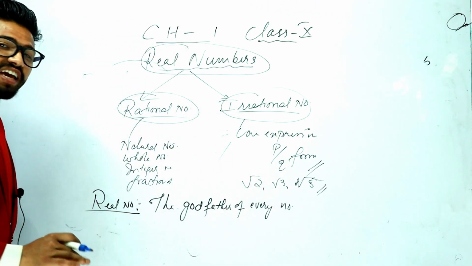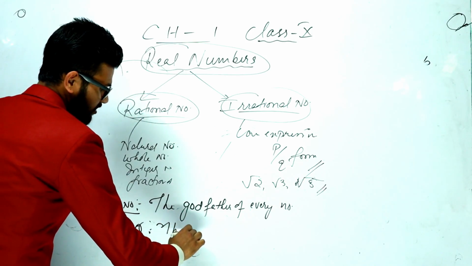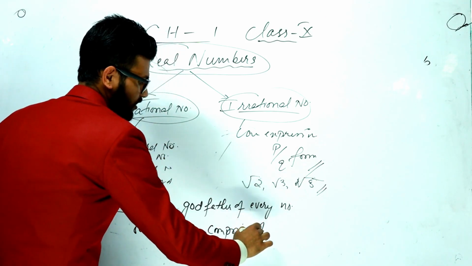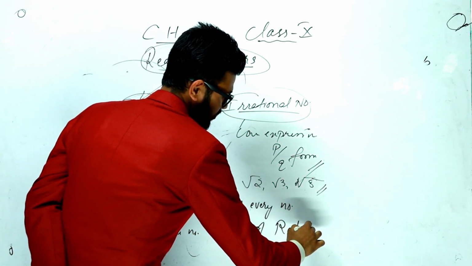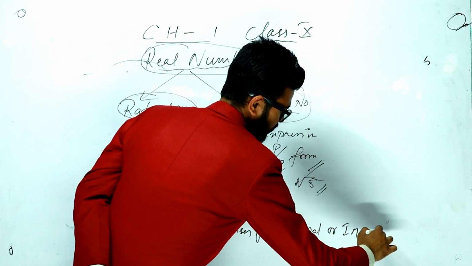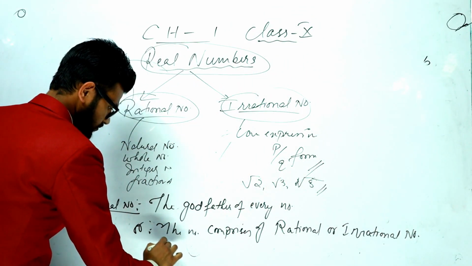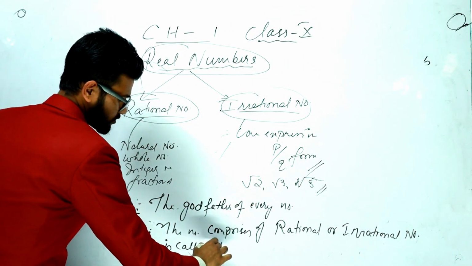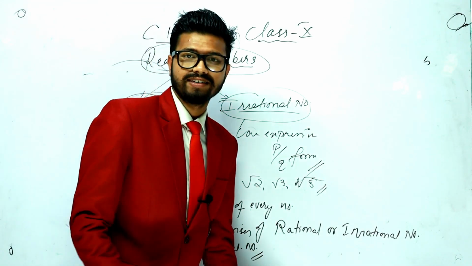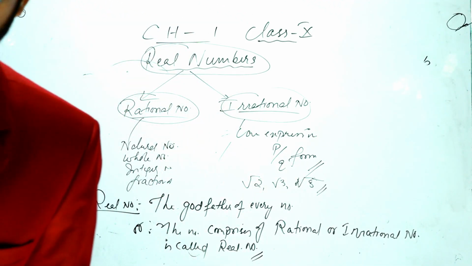We can also say that the number comprising rational or irrational numbers is called a real number. For the sake of understanding, I have given just a small definition, so that if somebody asks you, you can easily reply to them.